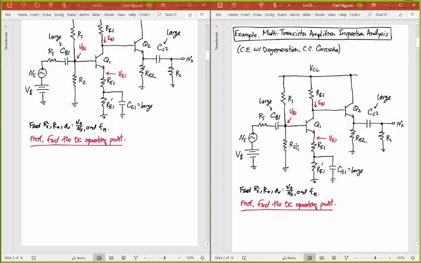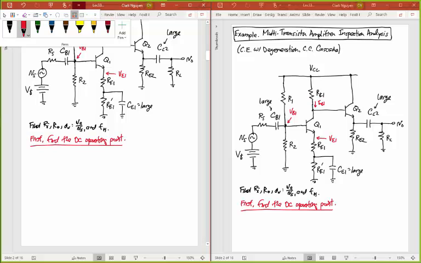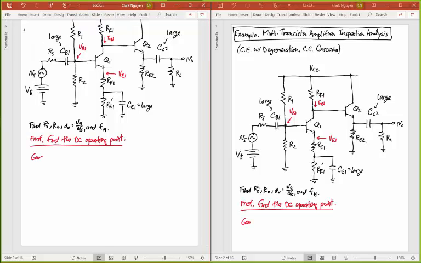So first of all, keep in mind that I'm giving you this problem here, but if you were designing this thing, then for a good stable design, you want to make sure that what we called I bias is greater than the base current. To be greater than that, you want it to be much greater, you want it to be 10 times the base current.